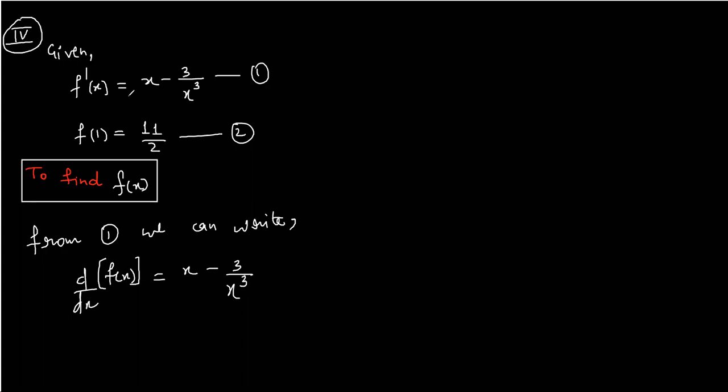I wrote exactly what I had in 1, only this left hand side, f dash x, I wrote as d by dx of f of x. What do I do next? Next, I will use the definition of integration. I will write here, by definition of integration.